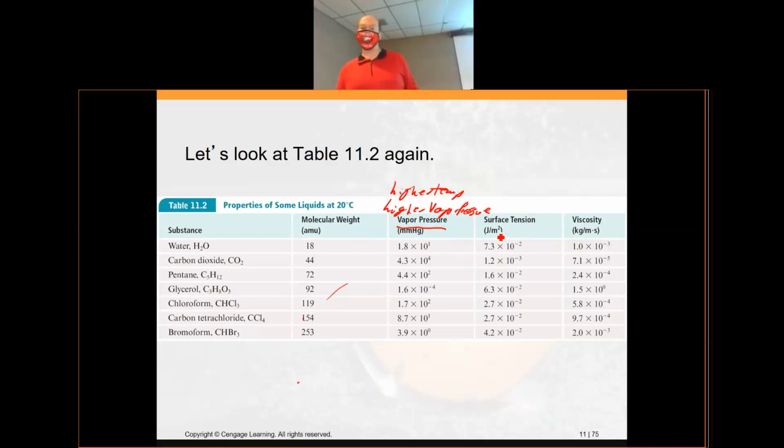Surface tension, we're not going to talk much about surface tension, although water has a very large surface tension, and that's because water has a lot of hydrogen bonding. And so these molecules stay very close together because they are all interacting with hydrogen bonding.